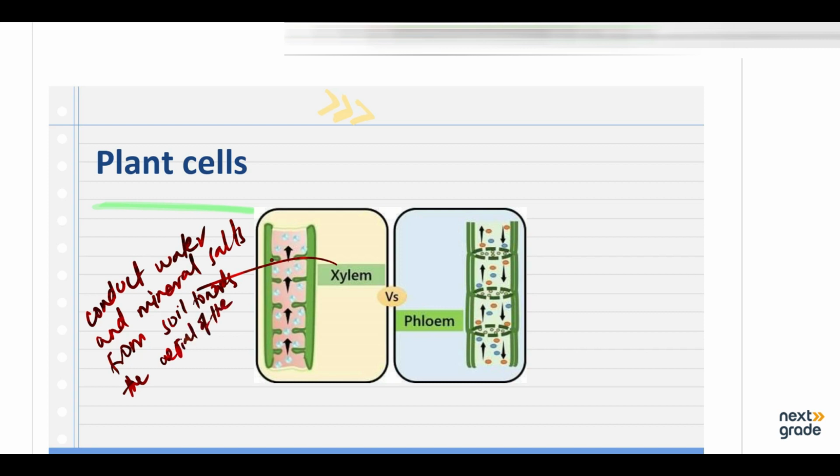As you can also see in the picture here, they are conducting water and mineral salts from the soil towards the aerial parts of the plant.